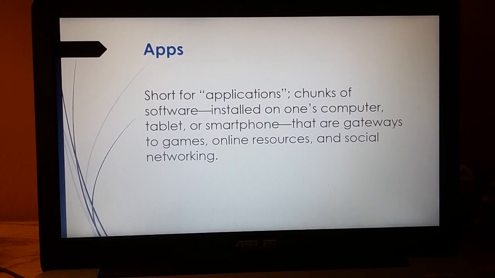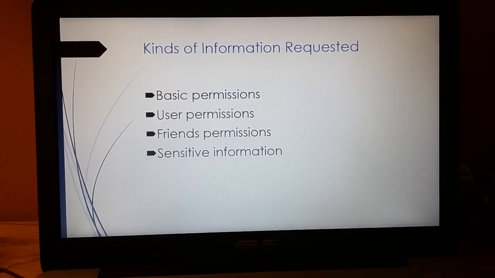So let's talk next about what kind of information is being requested. Basic permissions include a name, identification, gender, personal demographics, list of friends. User permissions are requests to allow the installation of the applications on the user's computers. Friends permissions include requests to share information the users have about friends using the same app.